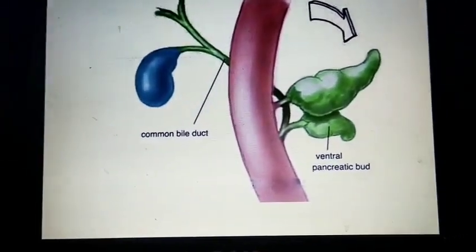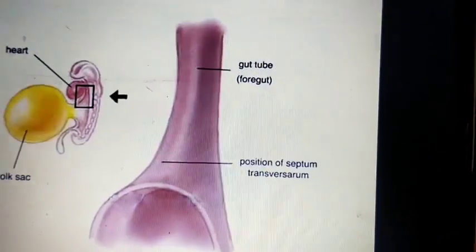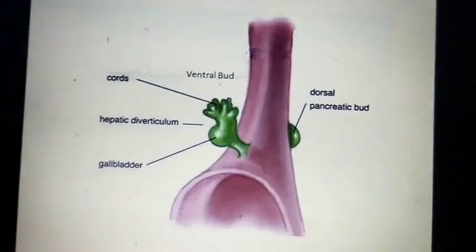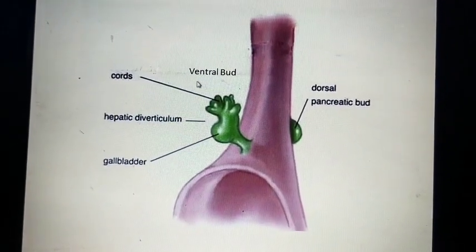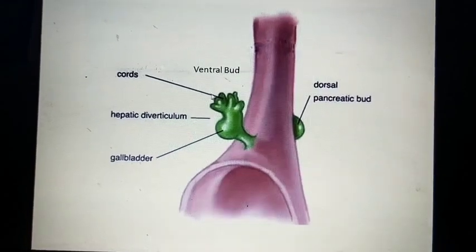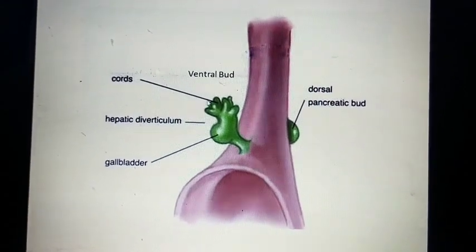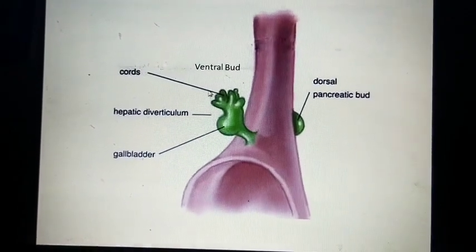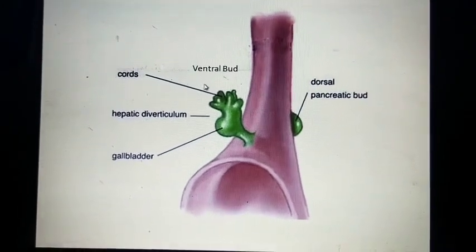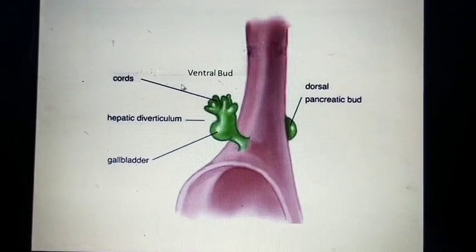Another thing, in that last slide I will say these are the cranial buds. Okay, these are buds. Cranial buds become the liver and extrahepatic biliary tree or tract. The caudal buds develop into the superior and inferior buds.